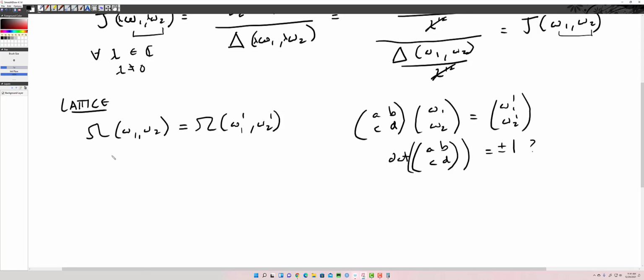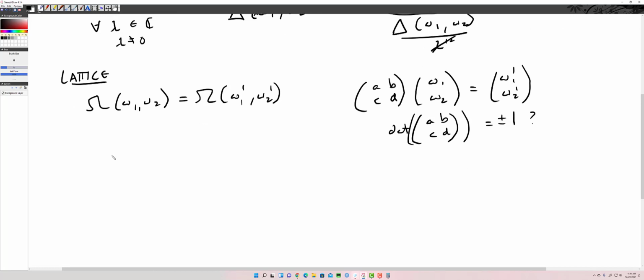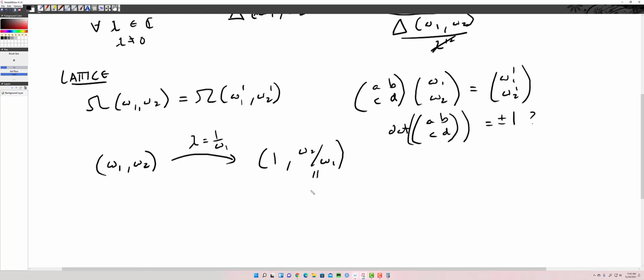And what I'm about to say may be a little weird, but it turns out you can do some math, and you could take this pair, omega 1, omega 2, and scale it by lambda equals 1 over omega 1, and what you get is 1, omega 2 over omega 1, and we just rename that tau.